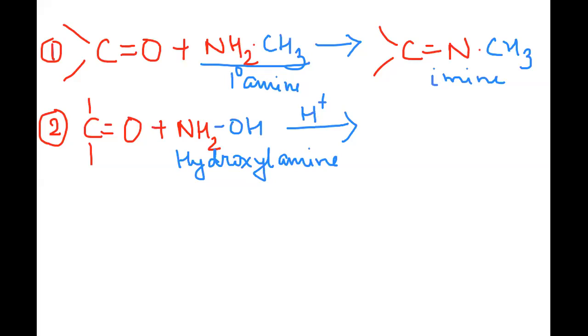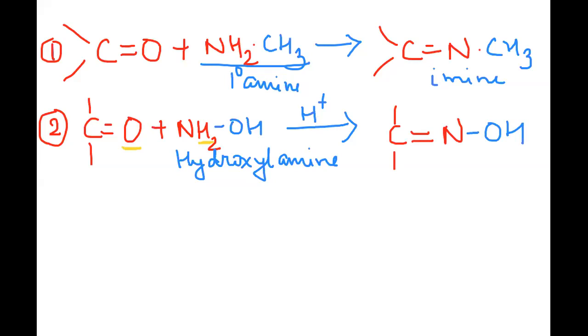So when it happens like this, then the compound that you will get, it's a very simple thing to remember. Just keep adding the N, and this is going to be the OH. If you look at it carefully, the hydrogen and the oxygen, if I show it in yellow, these are actually lost after the total mechanism occurs, and carbon gets doubly bonded to nitrogen. And that is how you are going to get the compound.